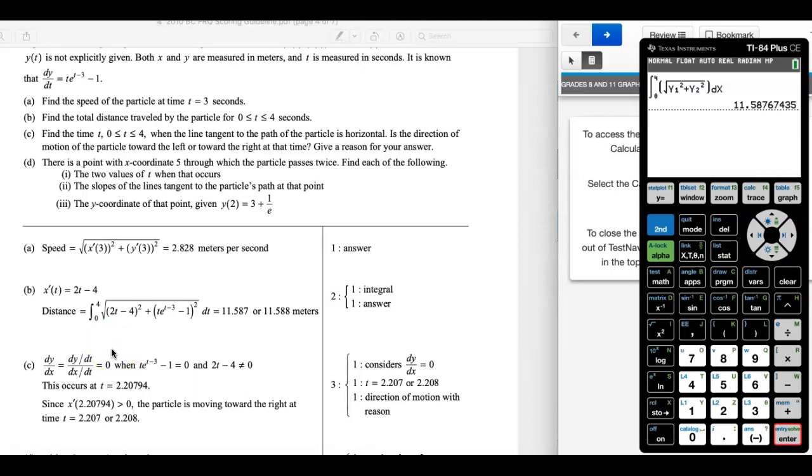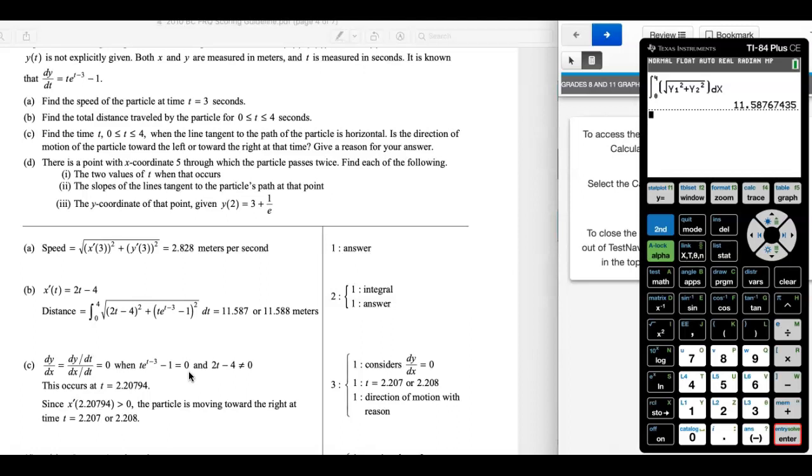Now, if we have a horizontal tangent line, keep in mind that this particle is moving horizontally. It is not moving vertically. So that implies that dy/dt is 0 because we're not moving vertically. dy/dt tracks the motion vertically, while dx/dt tracks the motion horizontally.